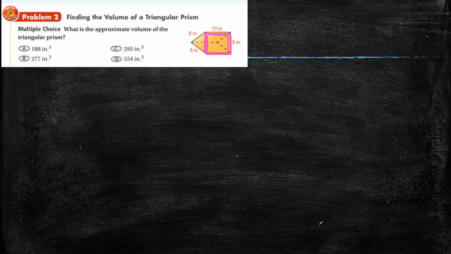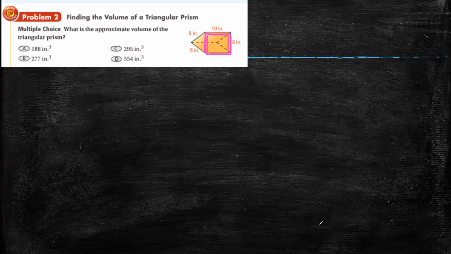Why? Who can tell me why I cannot suppose that this rectangle is my base? Because we have two bases that are parallel to each other. Yes, the triangles. That's what I want to tell you.